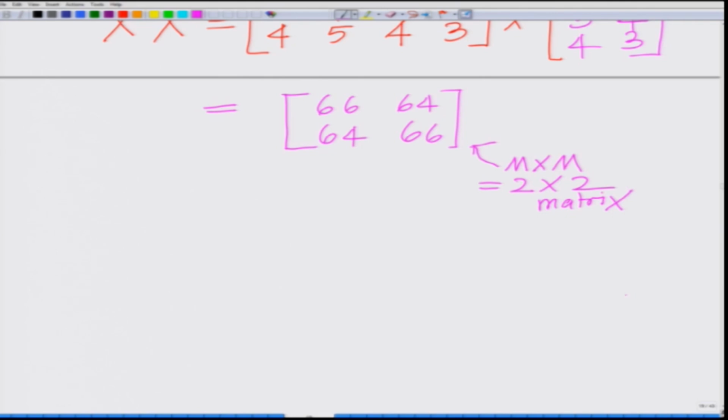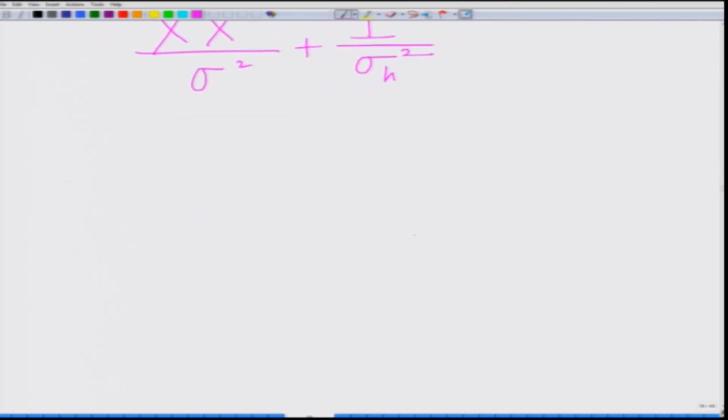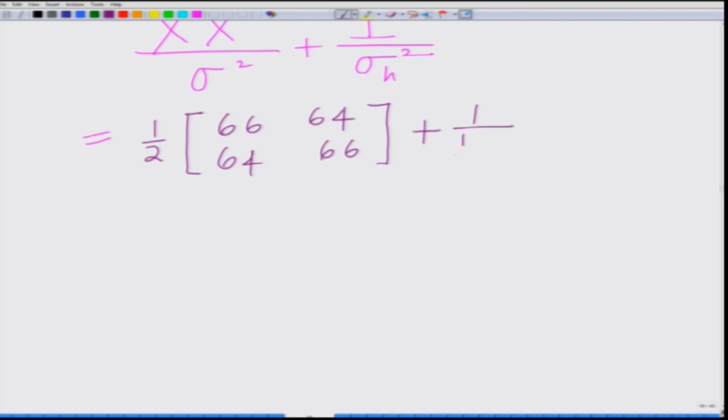This is a 2 cross 2 matrix, and x transpose x divided by sigma square plus I divided by sigma h square. Sigma square is 2, so 1 over sigma square is half, times 66 64 64 66, plus 1 over sigma h square, which is 4, times the 2 cross 2 identity matrix 1 0 0 1.